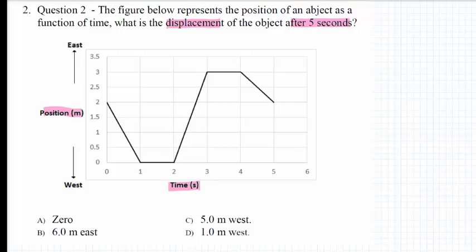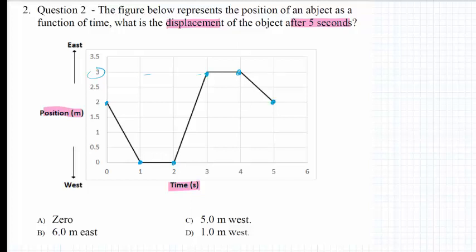If you look here, the object starts at position 2, then it moved to position 1. For 1 second, it stopped, and then it moved to position 3. Then it stayed at the same position for 1 second, then it moved to position 2.